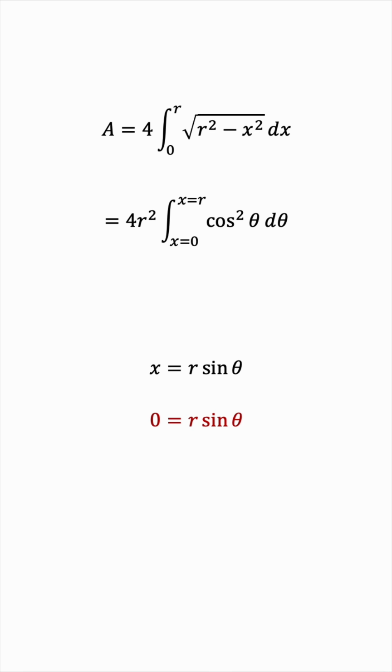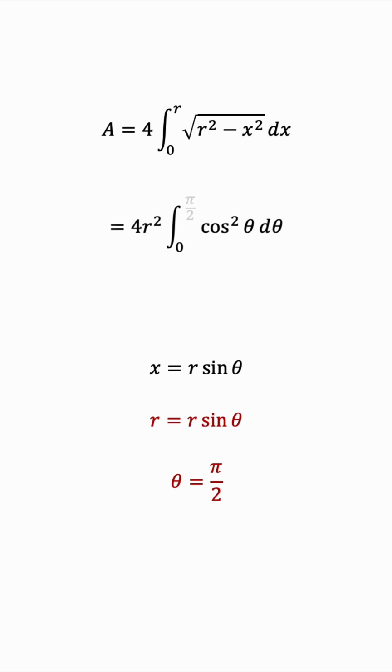Meaning that sine theta must be 0, or in other words, theta is 0, because that's when the sine is 0, at least the first time. So this is the lower bound of theta. Looking at the upper bound now, when x is equal to r, sine theta must be equal to 1, which first happens when theta is equal to pi over 2. So this must be the upper bound for theta.